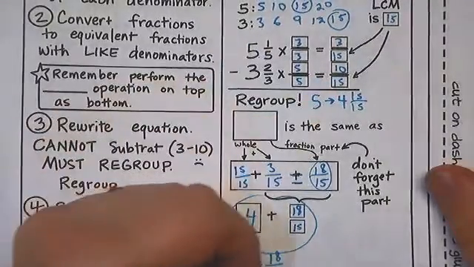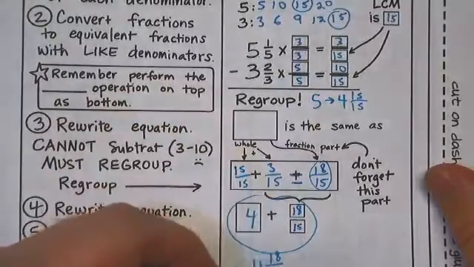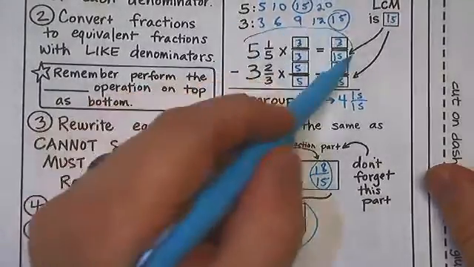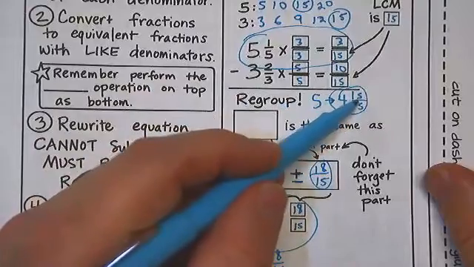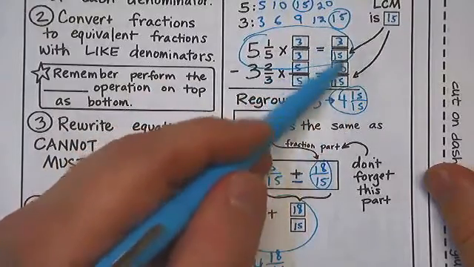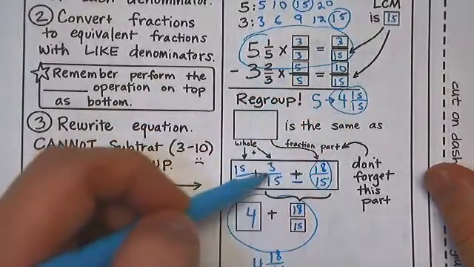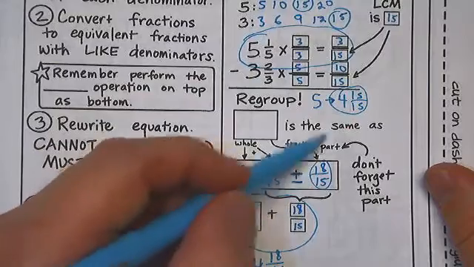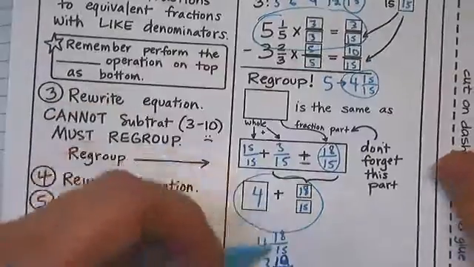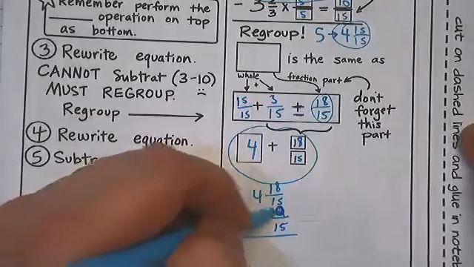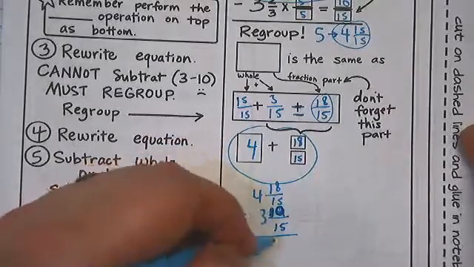I rewrote that wrong at first, it's 10/15ths, not 2/15ths. So 4 and 18/15ths is what we got here, okay? Because we turned that into 4 and another whole, 15/15ths, plus the 3/15ths. So 15/15ths plus the 3/15ths became 18/15ths. So it was 4 and 18/15ths, and we're going to subtract 4 and 18/15ths minus 3 and 10/15ths.